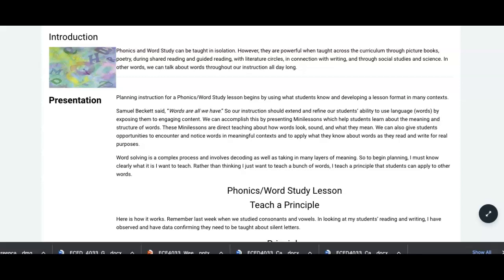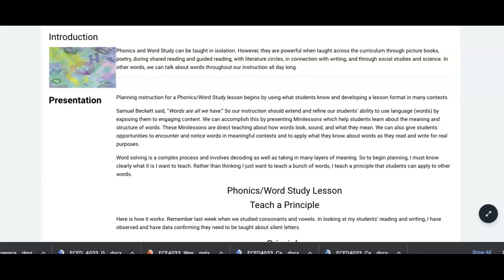When you are talking about words throughout your day, not just during your literacy block, but also during science, social studies, math, we want that word study going on all day long. We want students to become word detectives and really notice features of words. So this week, you're asked to write a phonics/word study lesson.